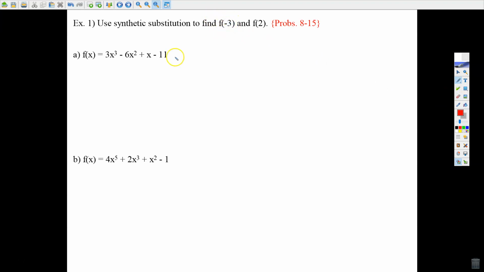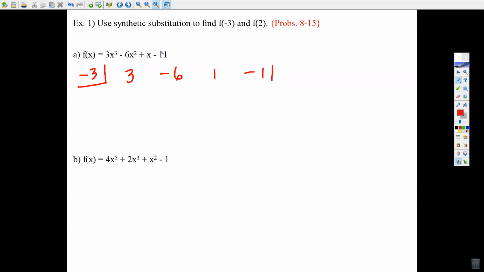I'm going to use the -3 input in the house, like we did a few lessons ago. And just like normal synthetic division, I'm going to write the coefficients and the constant off to the side, making sure that I don't skip over any exponents. They go in order. They start at 3, then 2, and then 1, and then the constant.